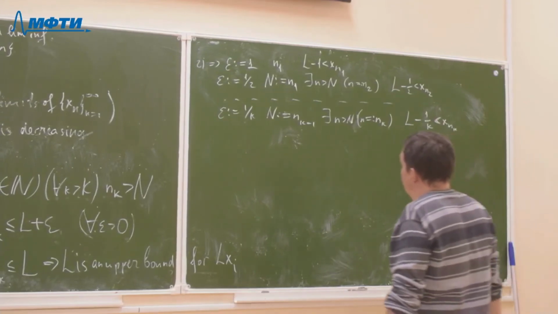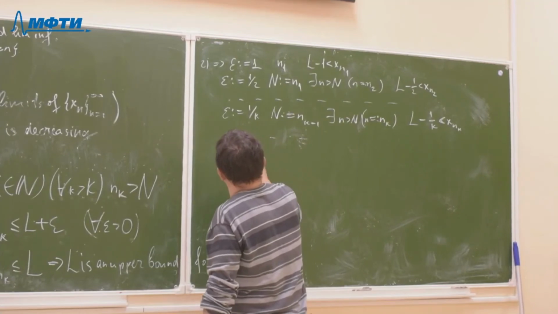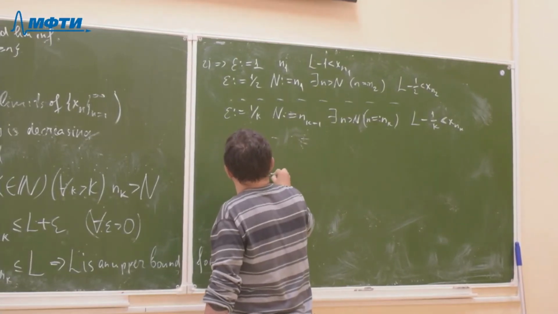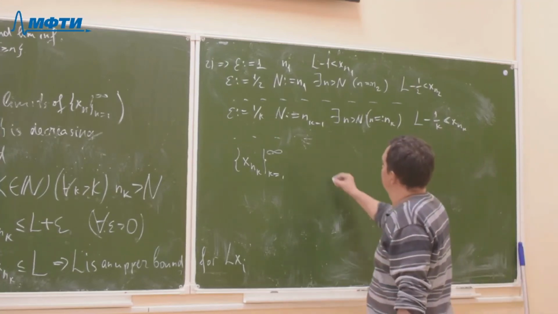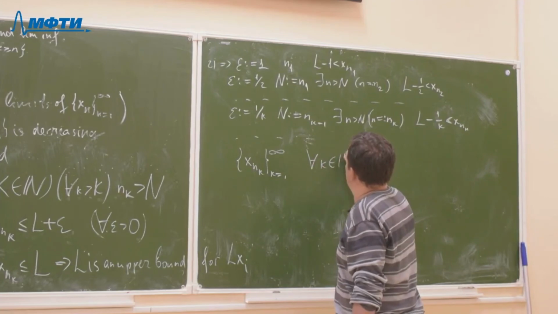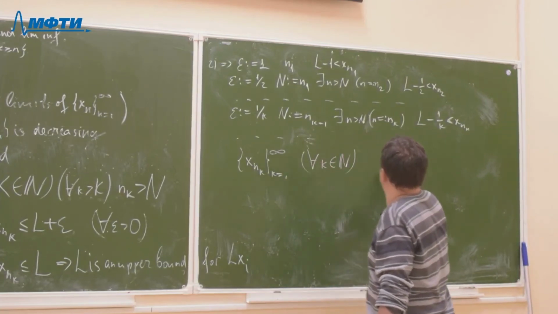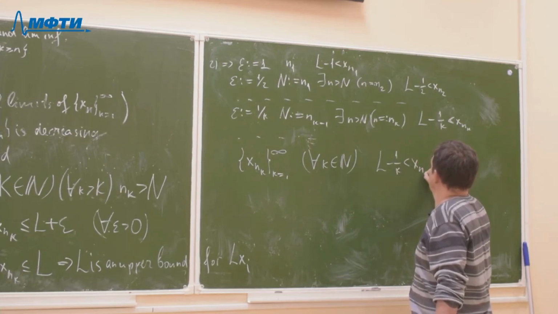So now we have constructed a subsequence x_{n_k}, k from 1 to infinity, such that for all natural k we have the inequality L minus 1/k less than x_{n_k}.